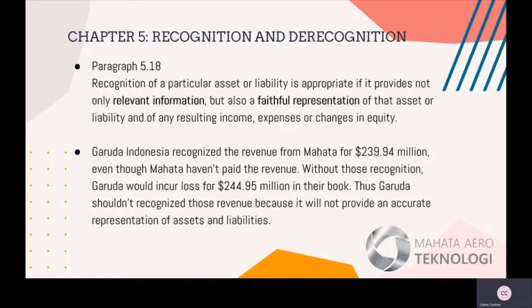In the Garuda Indonesia case, they recognized their revenue from Mahata for 239.94 million US dollars, even though Mahata hadn't paid that revenue. Without that recognition, Garuda would incur a loss of 244.95 million US dollars in their books. Thus, Garuda shouldn't recognize that revenue because it will not provide an accurate representation of assets and liabilities.